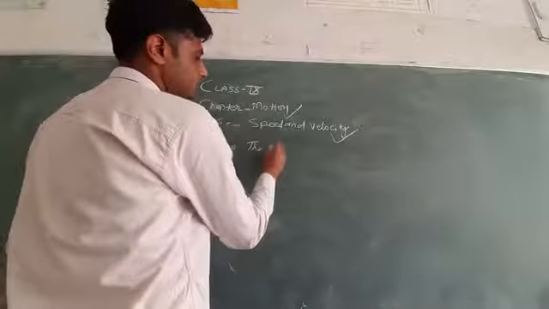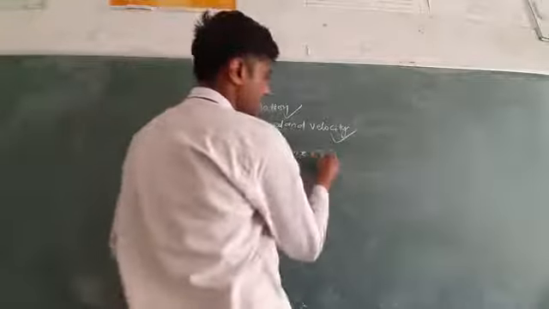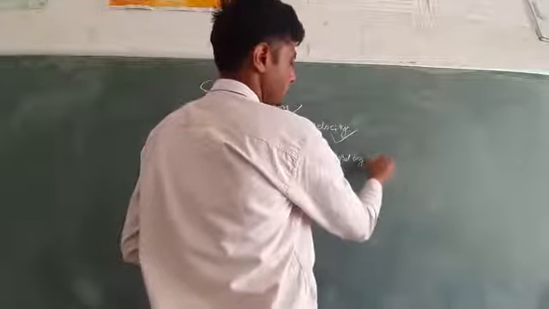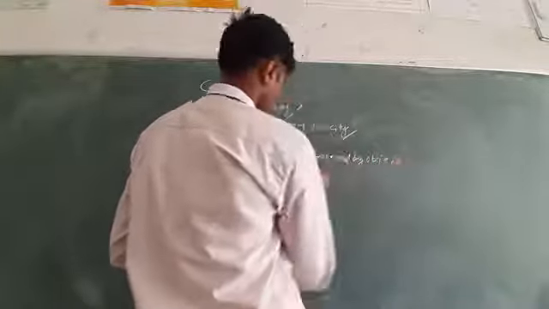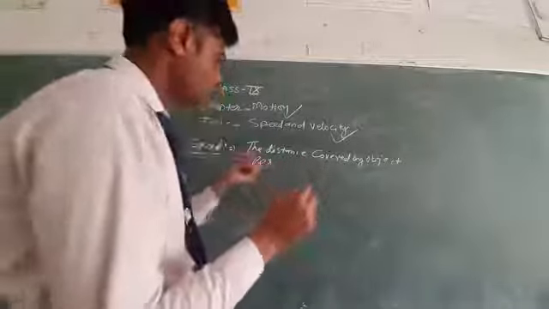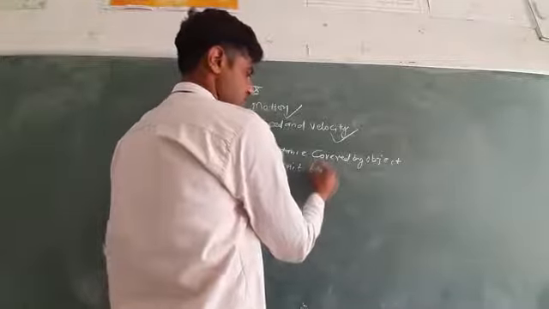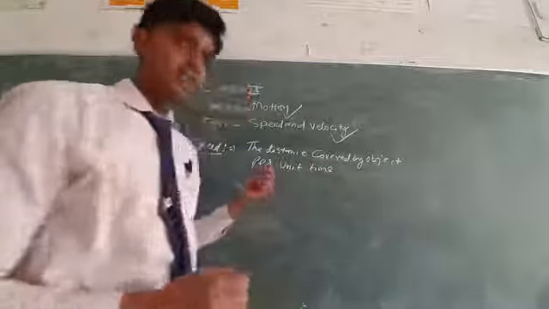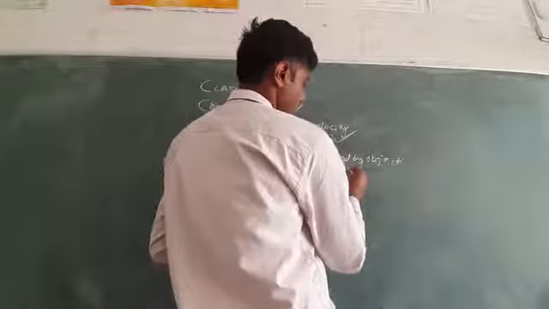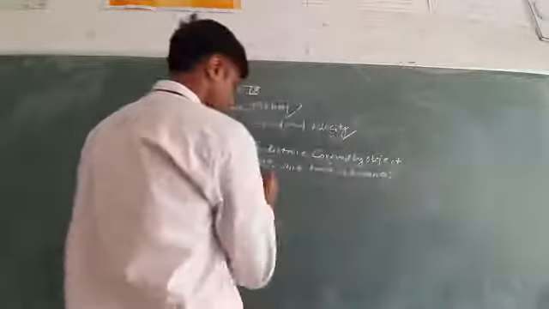The distance covered by an object per second or per unit time is known as speed.